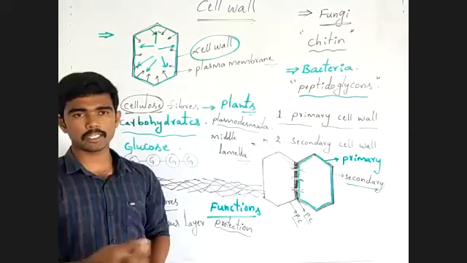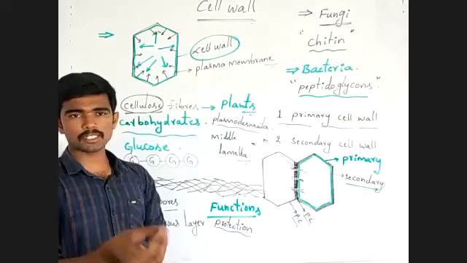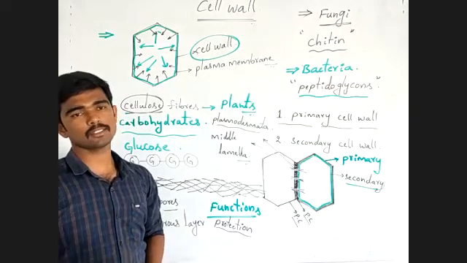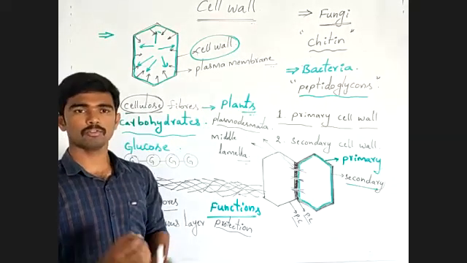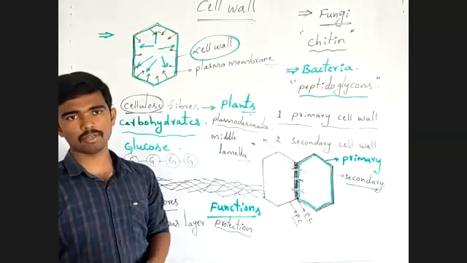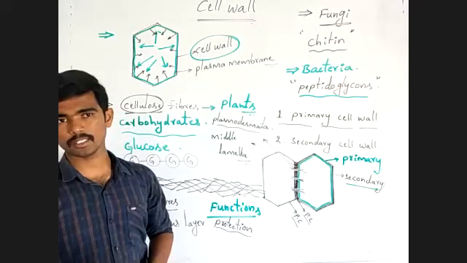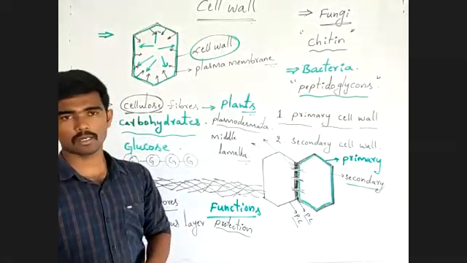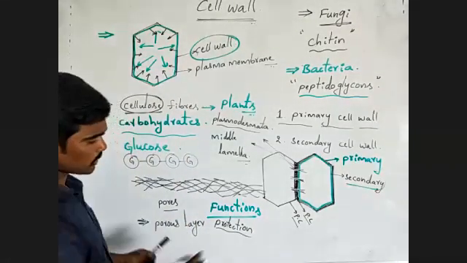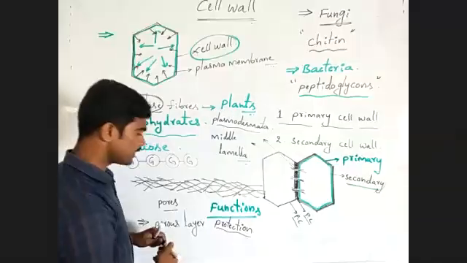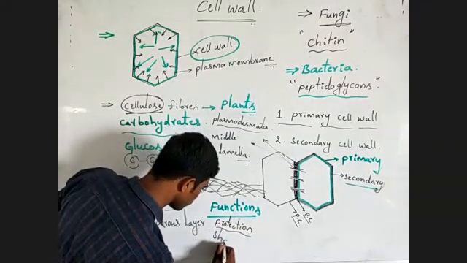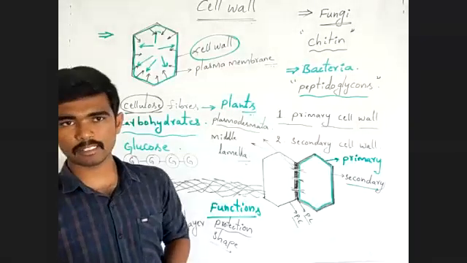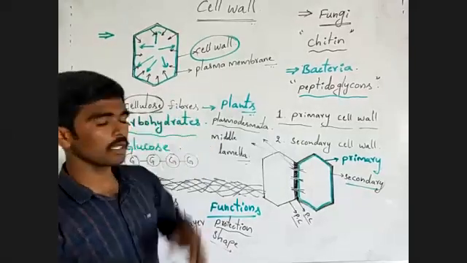But when we keep an animal cell in that solution, after some time the animal cell will burst. Understanding? These are different. The cell wall protects the plant cell. Protection is the important one, and it gives a particular shape to the plant cell. This is about the cell wall.